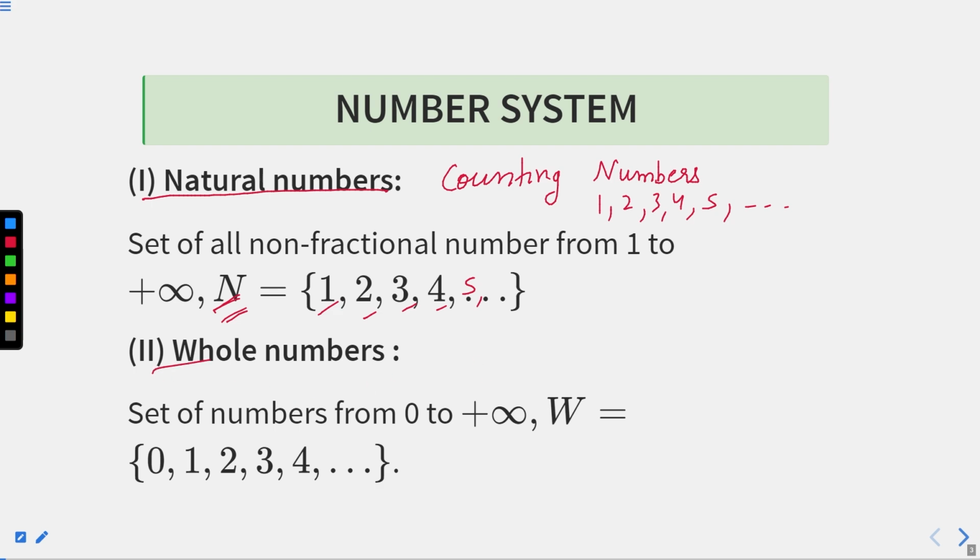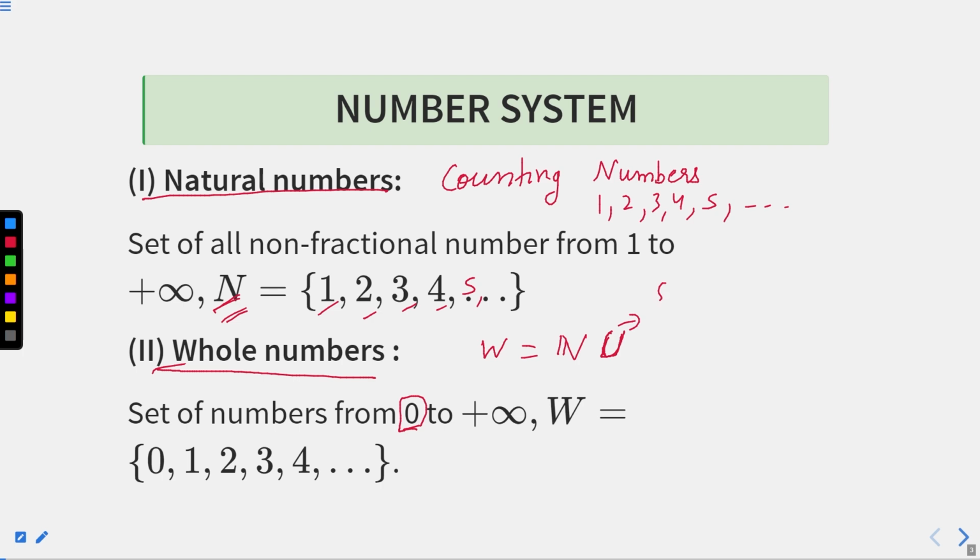Now the second classification is the whole numbers. The whole numbers are just the natural numbers plus an extra entity called 0. So this is the extra one. The whole number set is denoted by W, and the whole number set equals the natural numbers union, which means I am adding one extra element.